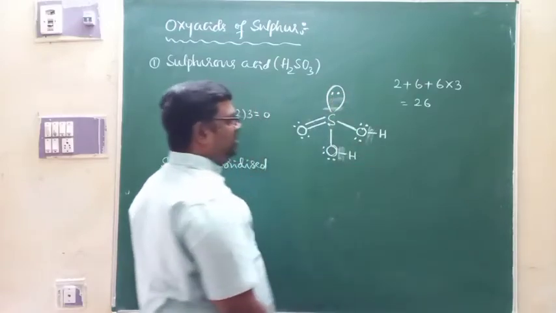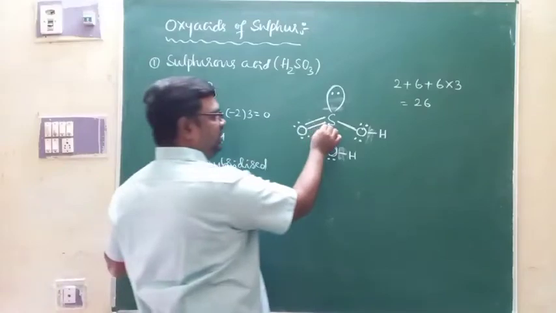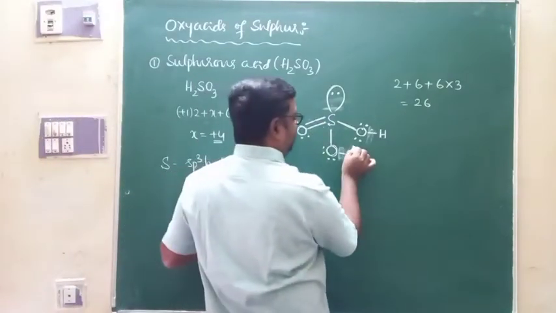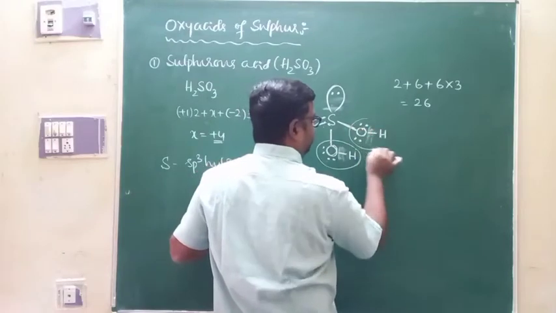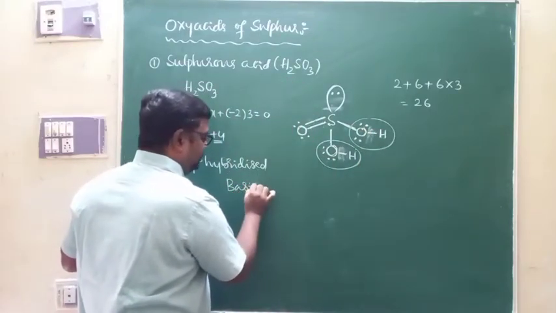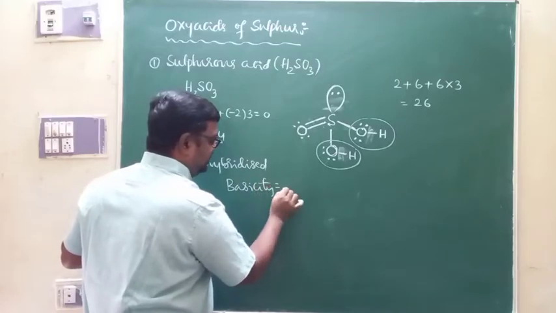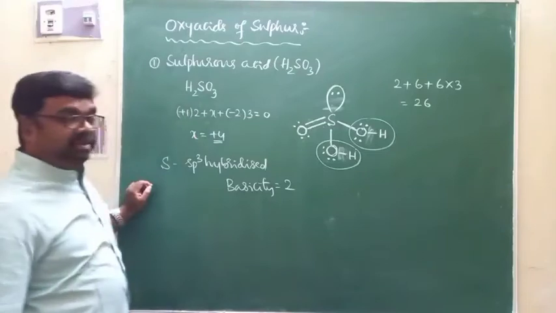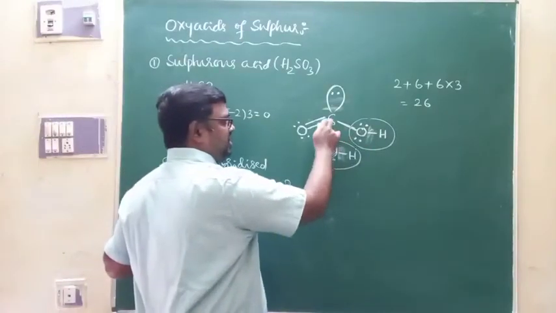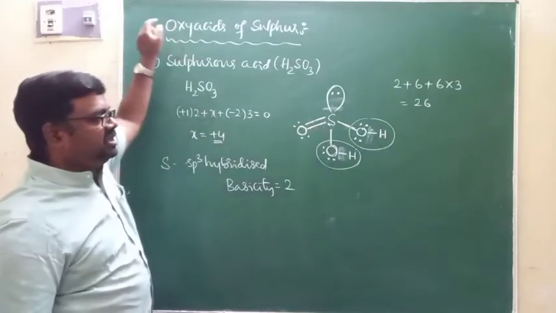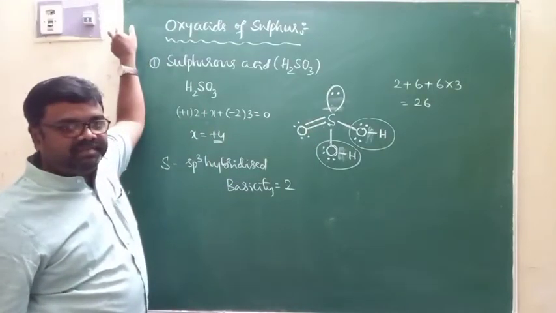So this is what we call the structure of sulfurous acid, where we have 2 OH bonds. Therefore, the basicity of sulfurous acid is 2, because we have two OH groups attached to the sulfur, with the lone pair on the sulfur. This is the structure of sulfurous acid.